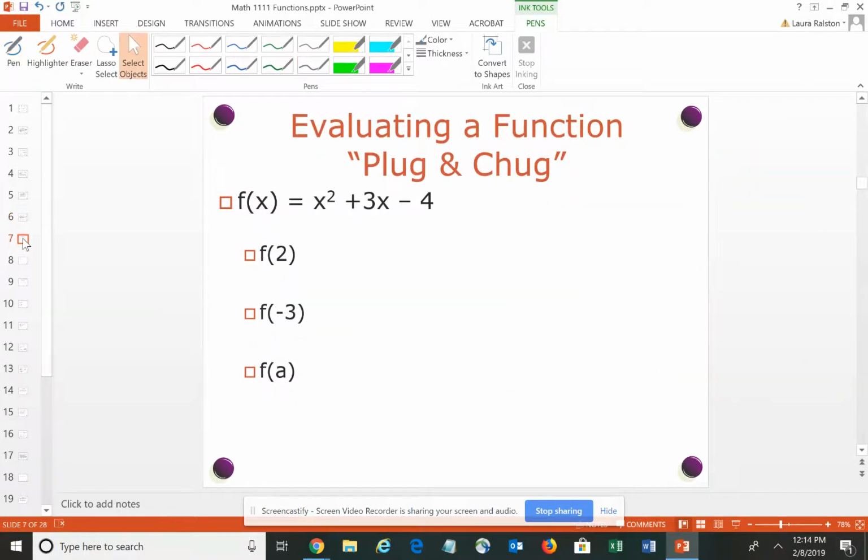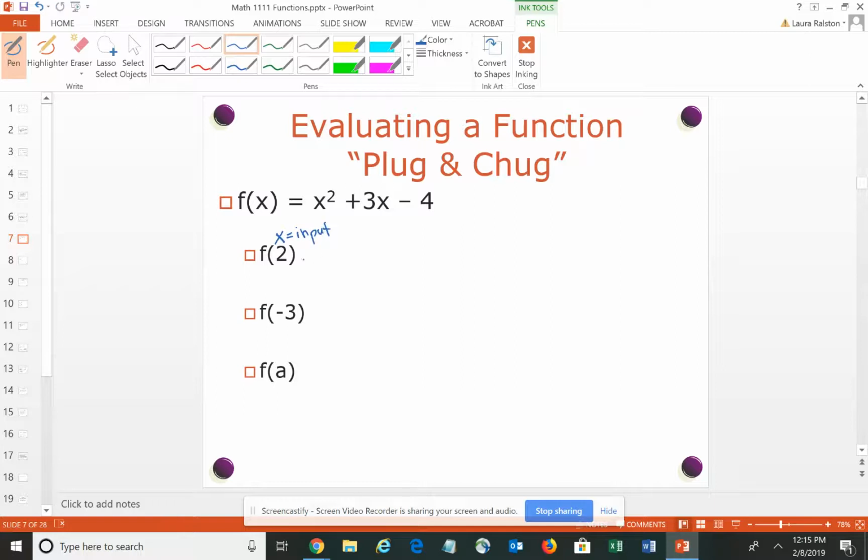For example, it might be that you're asked to evaluate a function, and quite honestly, if you're asked to evaluate a function, it comes down to plug and chug. You've got to substitute the number into the problem. So if we look at this particular function, x squared plus 3x minus 4, and I want to evaluate f of 2, they're asking me, this 2 is my x value, which is my input.